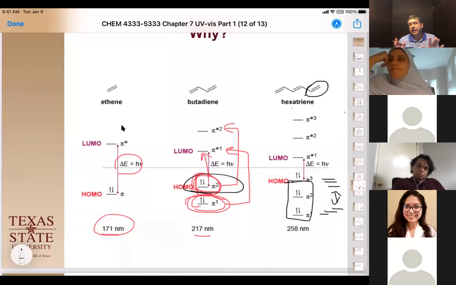I don't want to assign individual double bonds to those individual energy levels, though. Okay, so it's kind of a net. It's the molecule as a whole giving rise to these energy levels, not individual energy levels within the molecule.